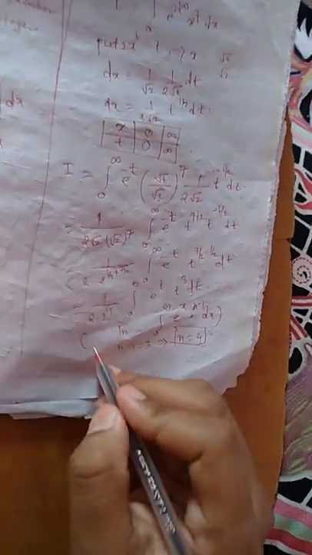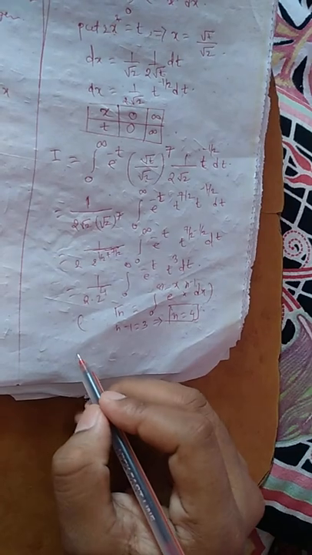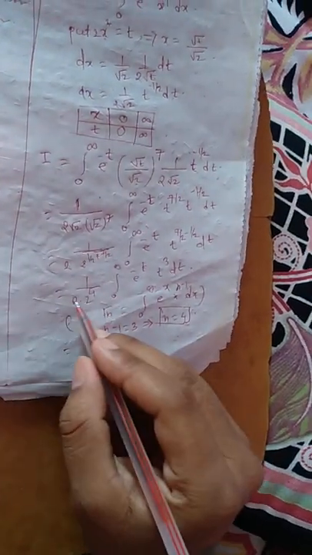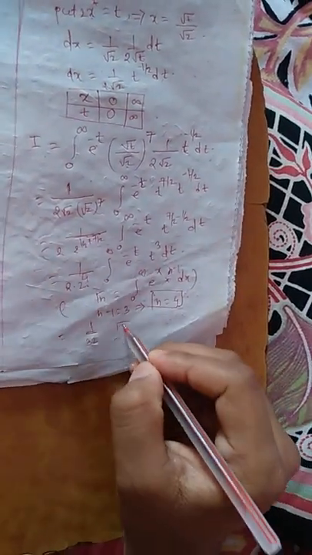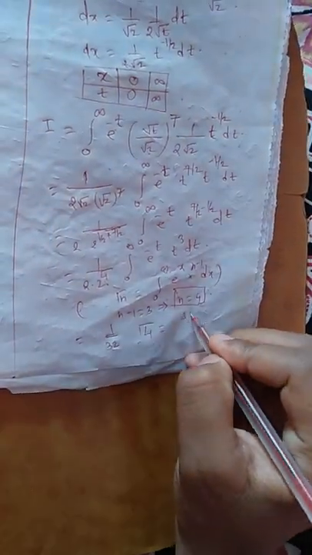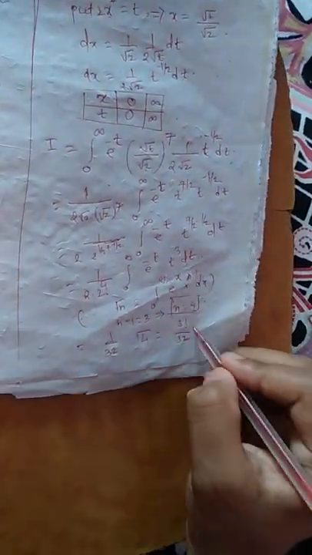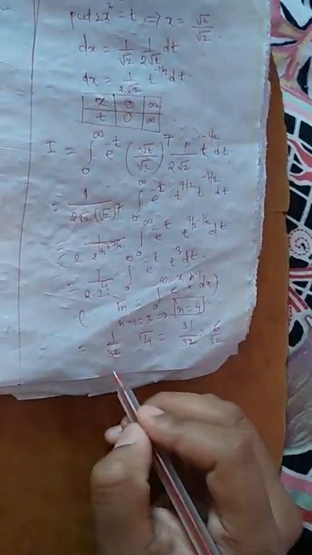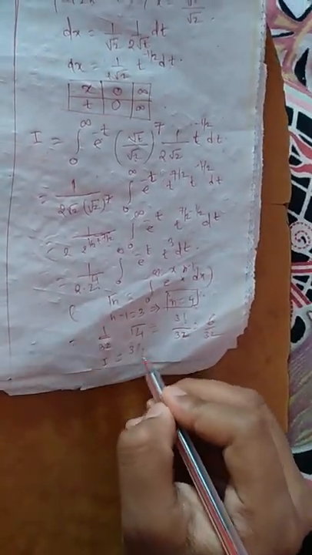Now by applying definition of gamma function, we write it as 2 into 2 raised to 4, 2 raised to 5, that is 1 upon 32 only, and this is gamma 4. Gamma 4 is nothing but 3 factorial upon 32, and this becomes 6 upon 32. Further simplifying it, we write I is equal to 3 upon 16 only. Thank you.